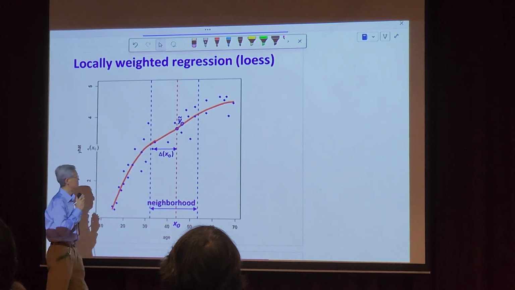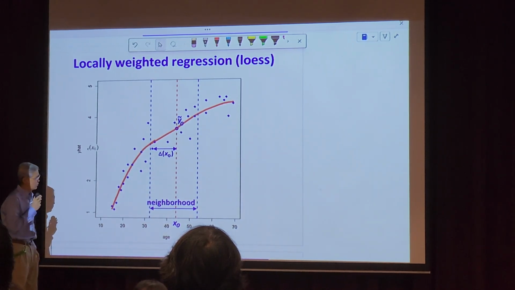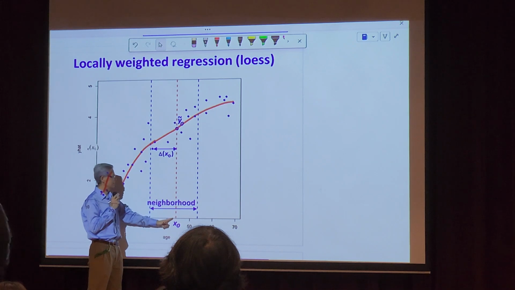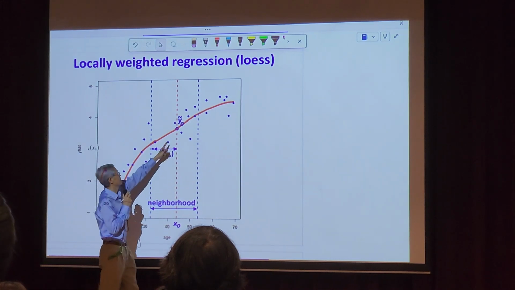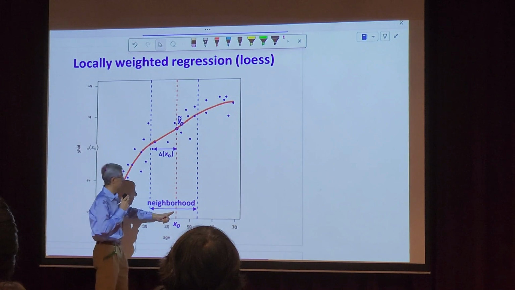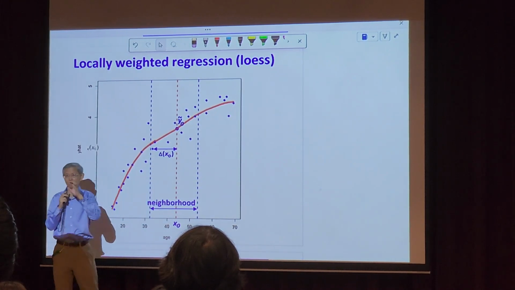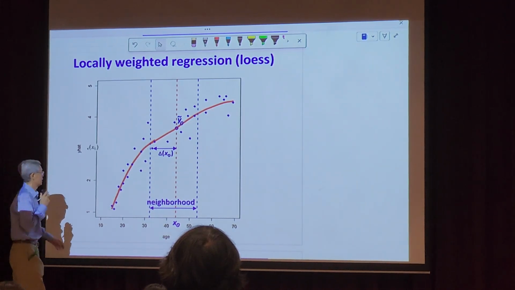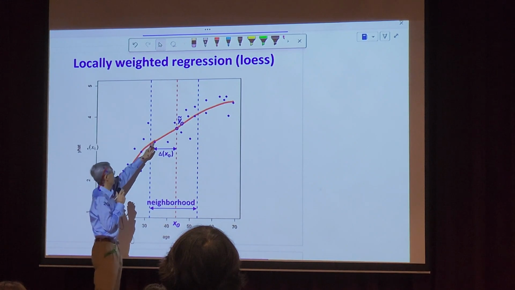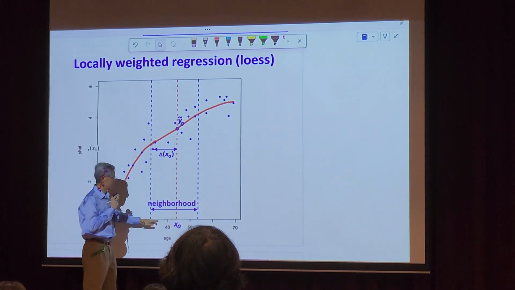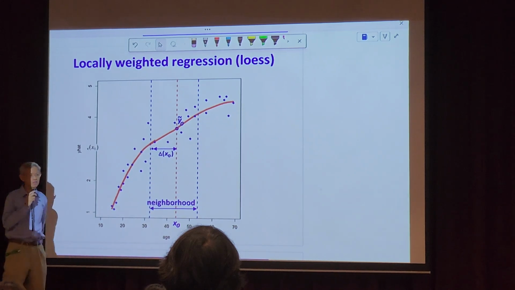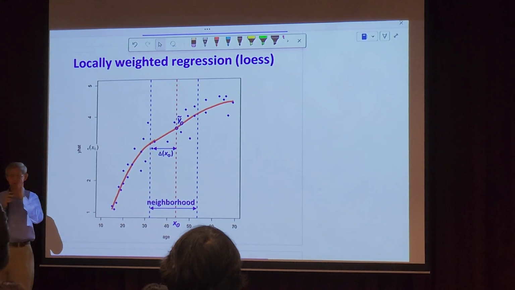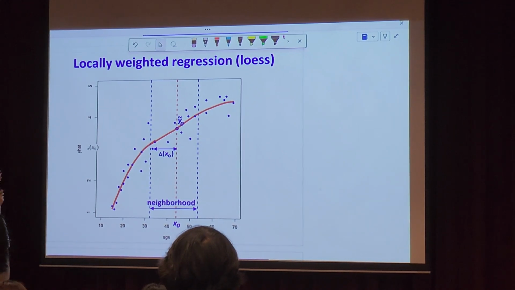So that's the maximum distance. If you have a point x near x0, let's say this point, then it will have a very large weight given to it. If you use a point here that is far from x0, then the weight given to it will be small. So you can determine the weight using the weight function that I showed you.